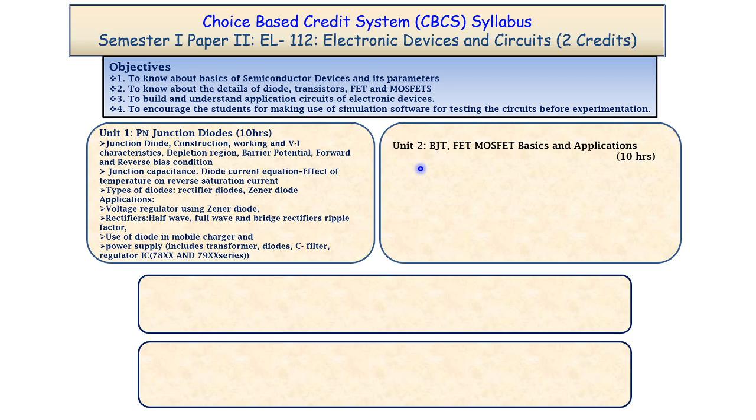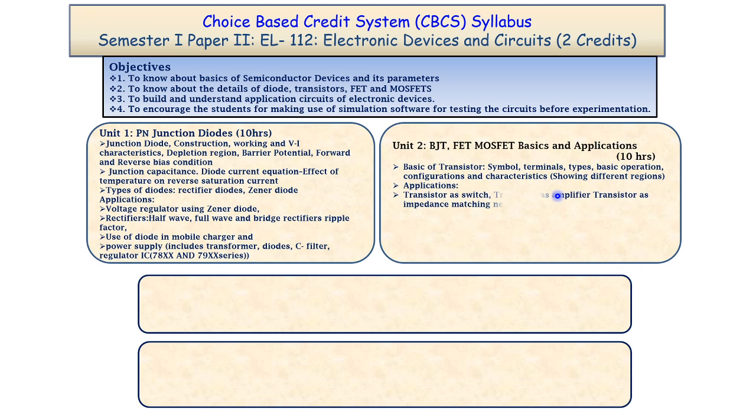Unit number 2, BJT, bipolar junction transistor, FET, field effect transistor, metal oxide semiconductor field effect transistor, basics and application. Again 10 lectures are required for this unit. Basics of transistor: symbol, terminals, types, basic operation, configuration and characteristics showing different regions.